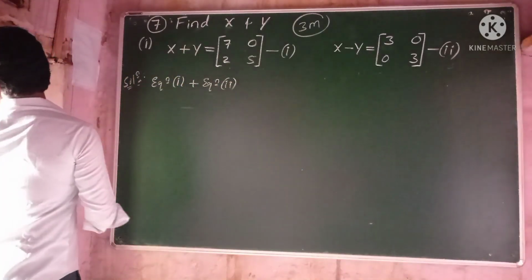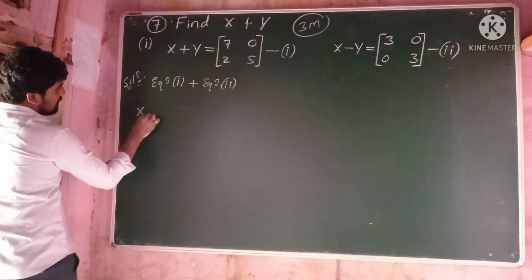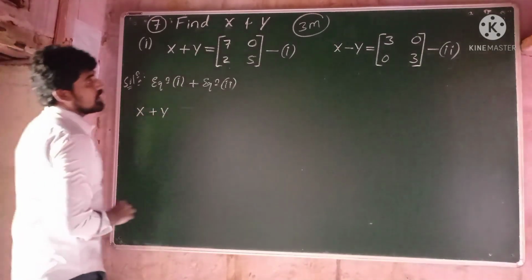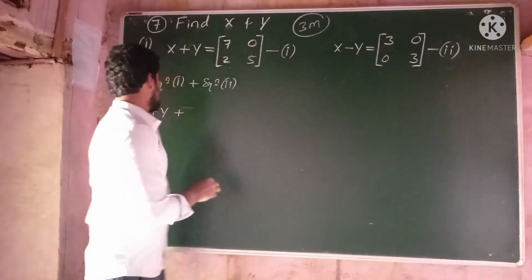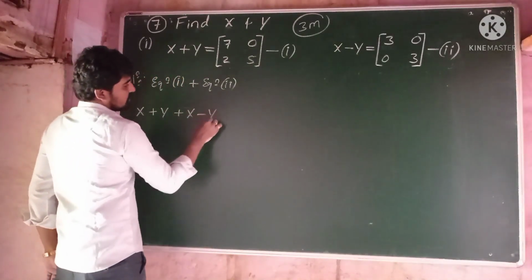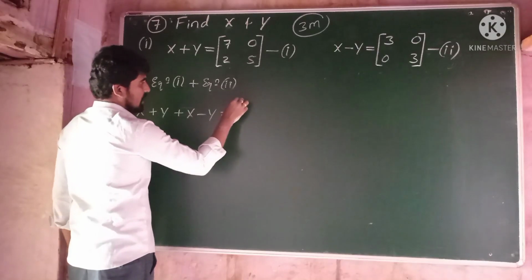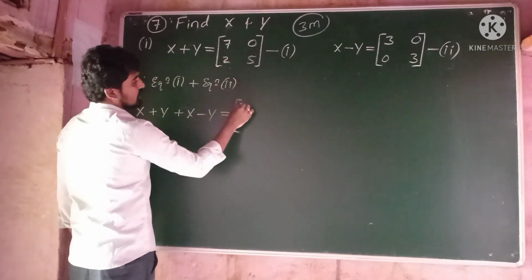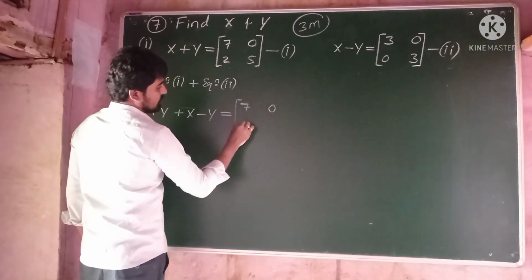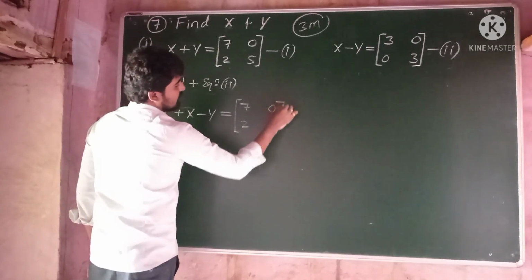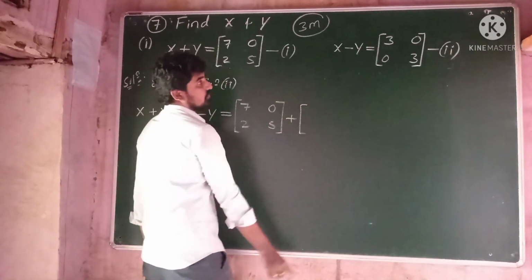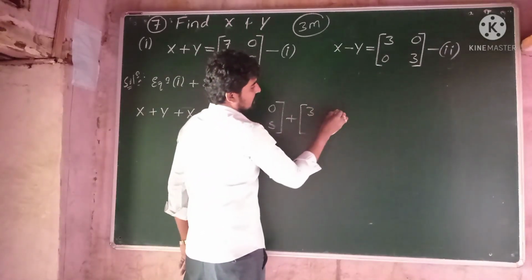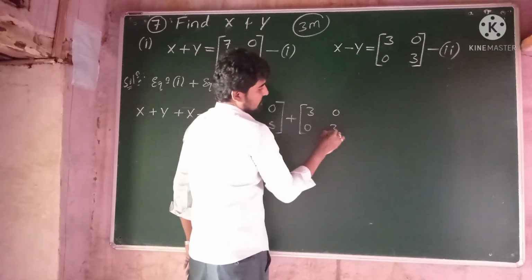LHS of equation 1 is X plus Y, plus LHS of equation 2 is X minus Y, equals RHS of equation 1, matrix 7 0 2 5, plus RHS of equation 2, matrix 3 0 0 3.